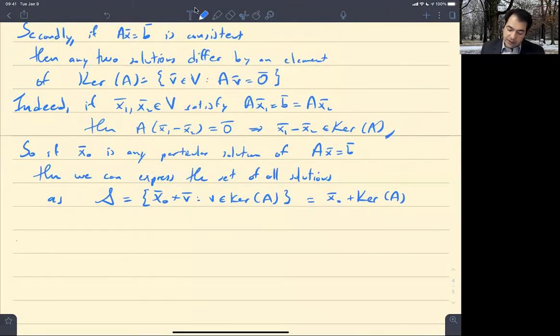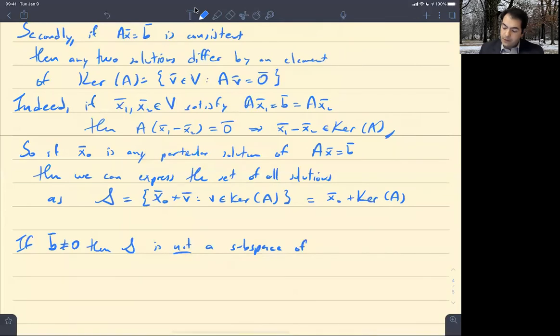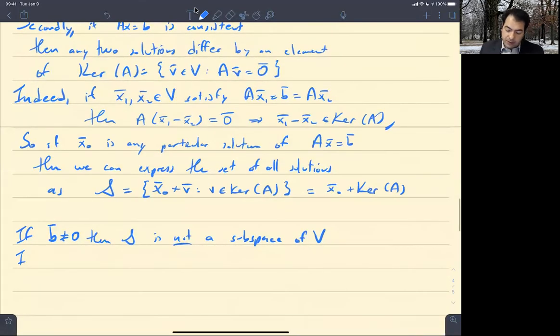Okay, now if b is equal to 0, then of course this is just the kernel of A, and that is a subspace. If b is not equal to 0, then S is not a subspace of V. It is very close to a subspace, so we give it a name.